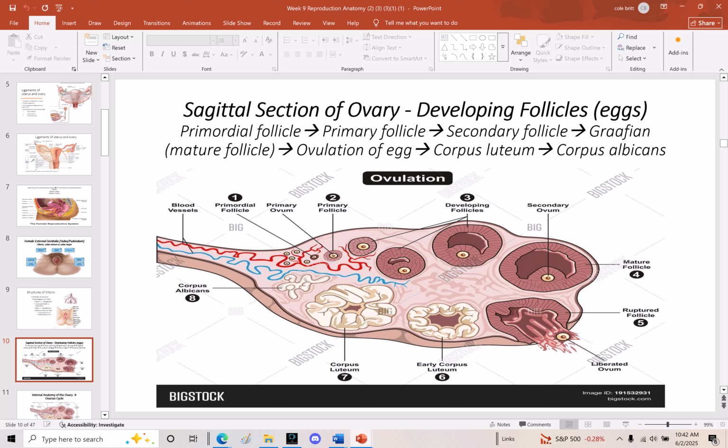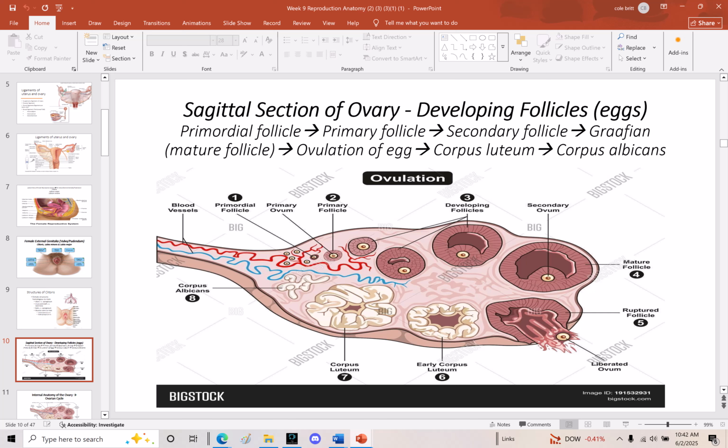If the oocyte implants, the corpus luteum continues to produce progesterone, until the placenta starts producing progesterone. If implantation does not occur, then this corpus luteum just disintegrates and becomes what's called a corpus albicans.